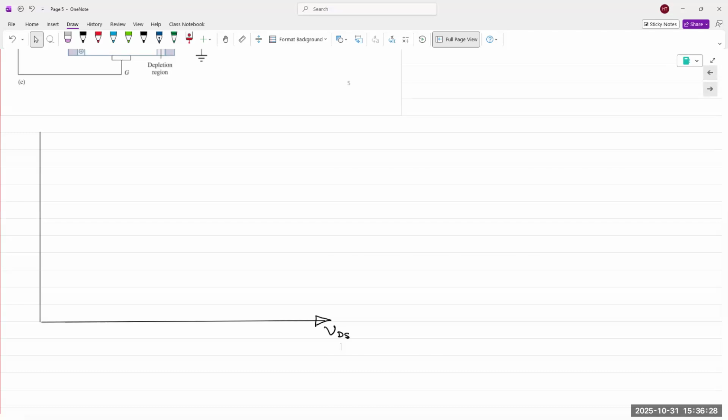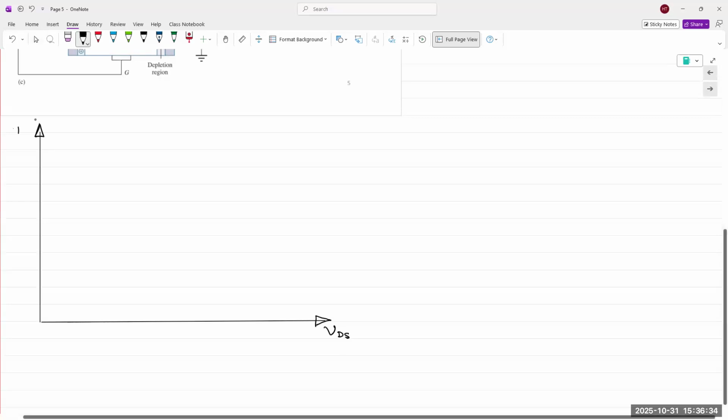So VDS, applied drain source voltage, on the x-axis. And I have ID or IDS or IS. It's all the same, it doesn't really matter. Drain current, source current, drain source current, you can call it whatever you want.